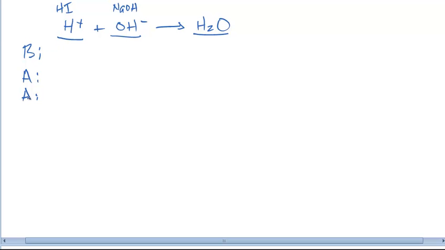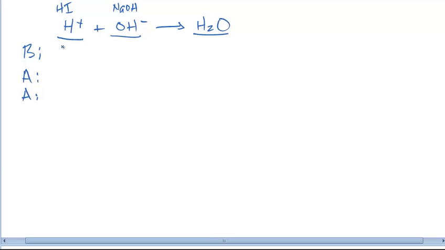Now, in a BAA table, typically we use moles, okay? And the problem tells us that we're using 37 mL of 0.1988 molar HI acid. So you just multiply molarity times volume in liters, and that'll give you the number of moles.